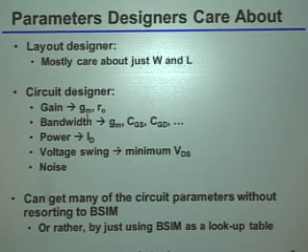With bandwidth, you'd care about GM and the capacitors. For power, you care about the voltage and the current. So really, the point is that width and length are not exactly the parameters of interest to you. It's usually other parameters, which are much easier to think about from a circuit design standpoint, that would then be used to figure out what the width and length should be.